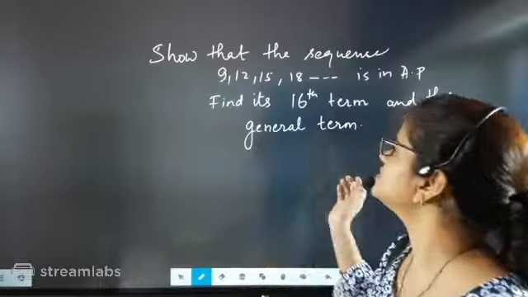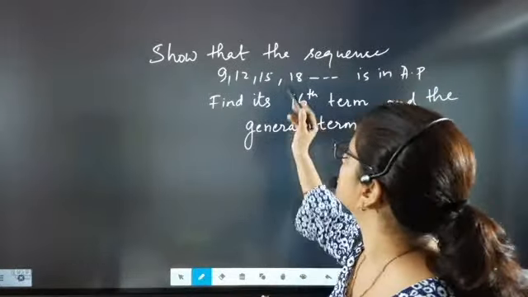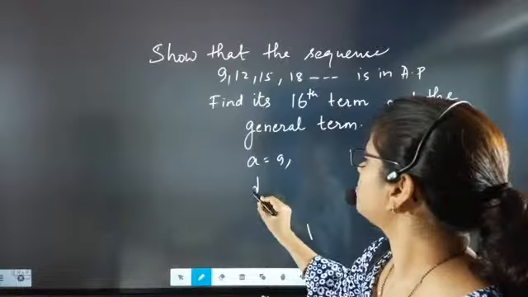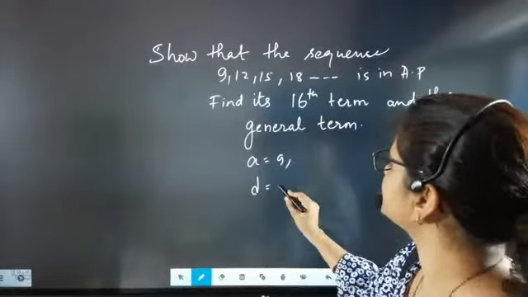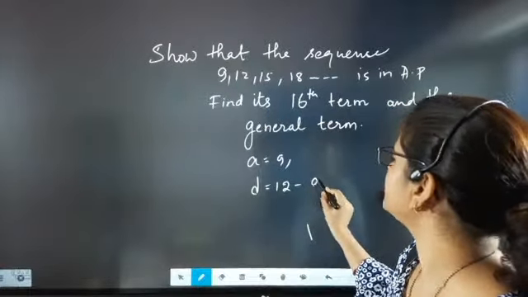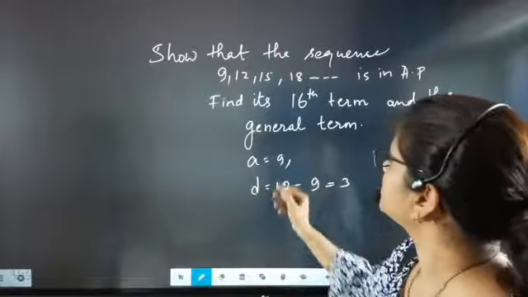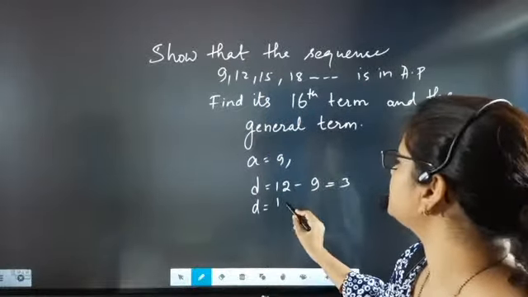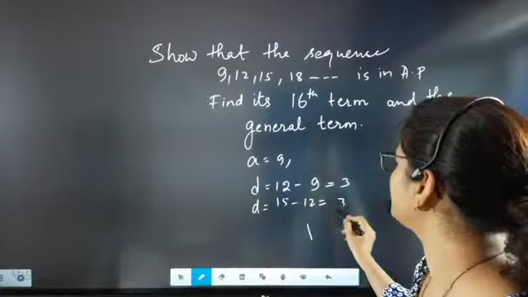Okay. Is this sequence in AP? How to check? What is the first term? A is equal to 9. Common difference is second term minus first term: 12 minus 9 is 3. Then third term minus second term: 15 minus 12 is also 3.